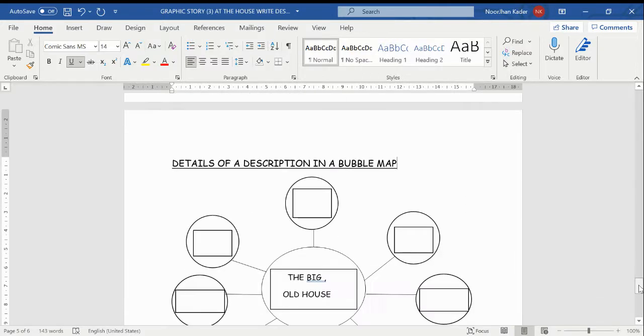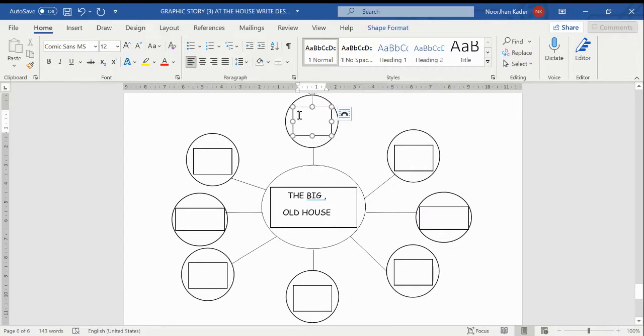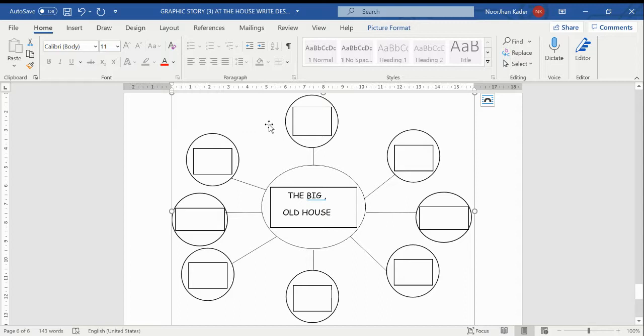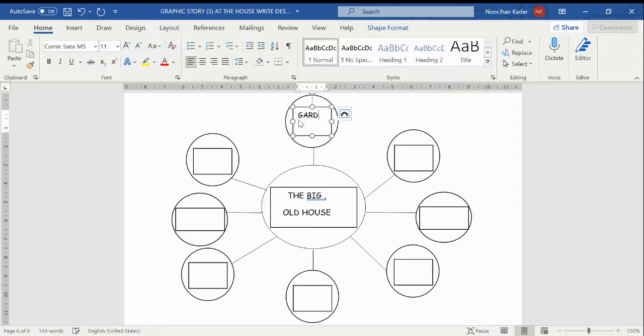So we will write here that this will be our second question, which will be garden and cellar.